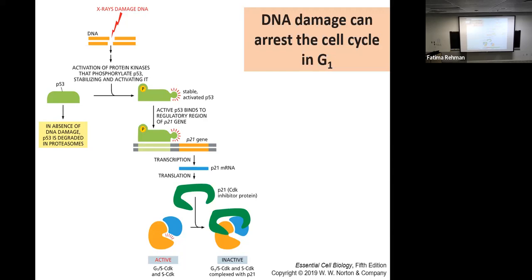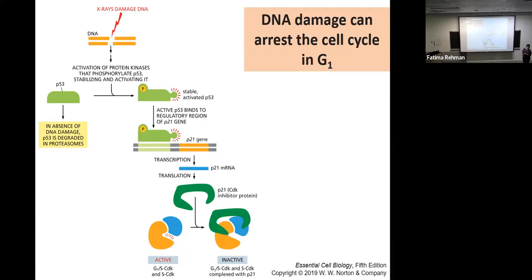P53 is one of those proteins that's made all the time. But if it's not needed, it's rapidly degraded. If damage happens, it stabilizes. Because that damage has happened, it will activate protein kinases that will stabilize this P53 protein by phosphorylating it.